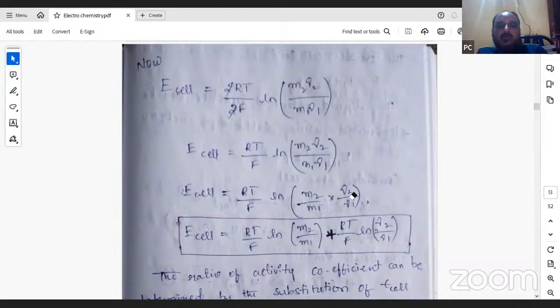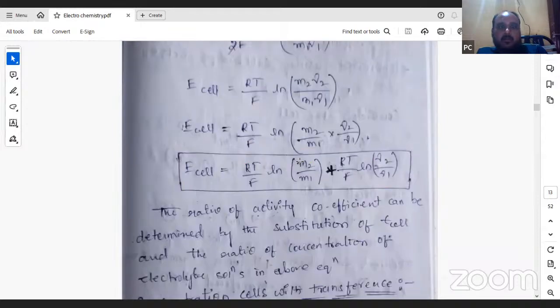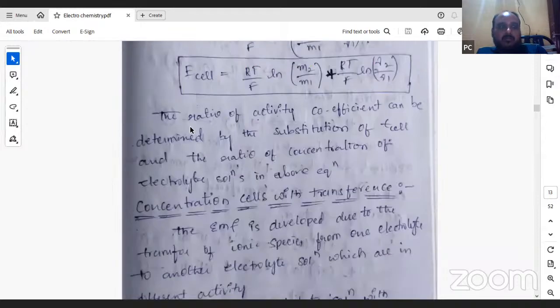So the conclusion was that the ratio of activity coefficients can be determined by substituting E cell and the ratio of concentrations of the electrolyte solutions in the above equation.